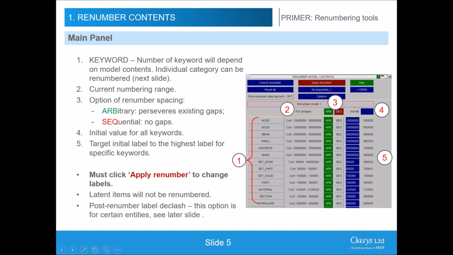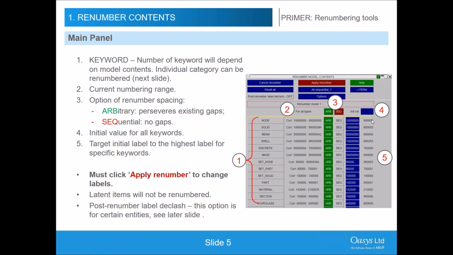And on 4, you can input the initial value. At the top there, you've got the blue box that's outside of all these keywords. That allows you to set a number for every single one of them, or alternately, you can choose for each of these keywords to have a separate independent initial value.